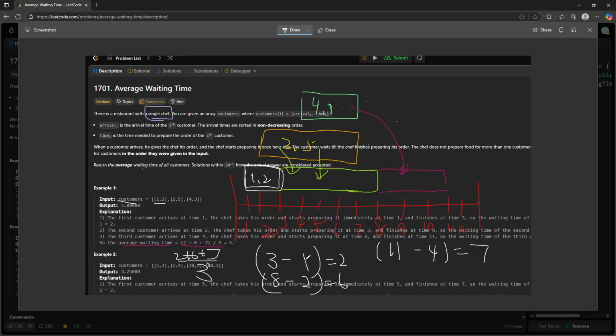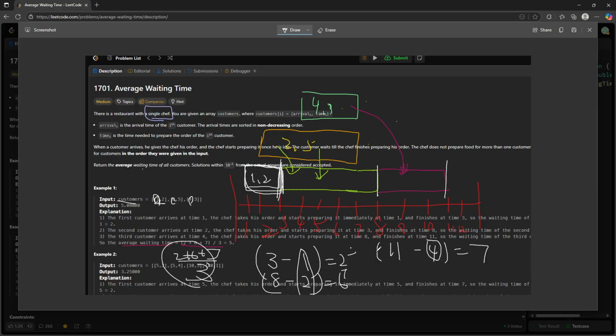If you notice, you don't need to do the subtractions one by one like this. You calculate the actual time when the food finishes, subtract the customer arrive time, and keep adding: 2 plus 6, plus 7, plus anything.